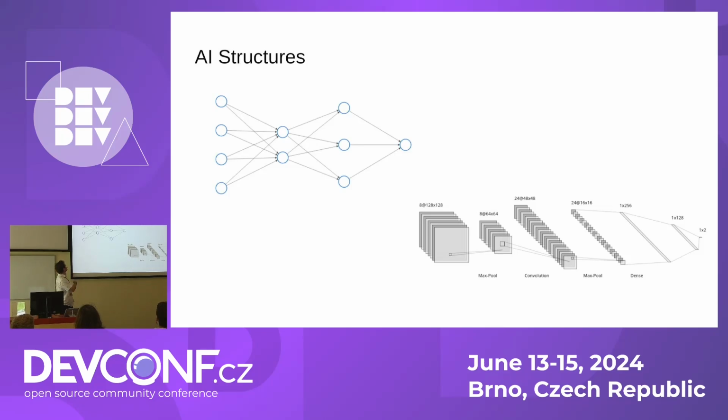The blue circles are artificial neurons. Here is the input layer. So here I have 4 artificial neurons, and it means, for example, if I have a spreadsheet with 4 columns, each column is the input of 1 neuron.